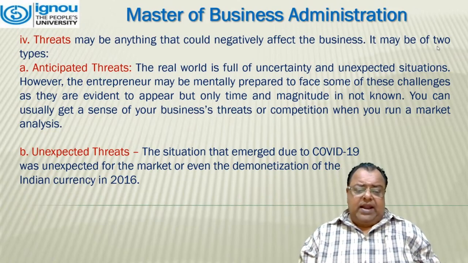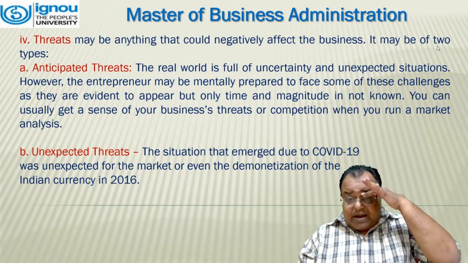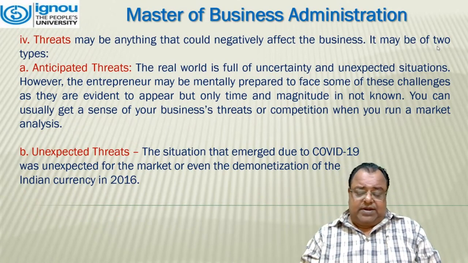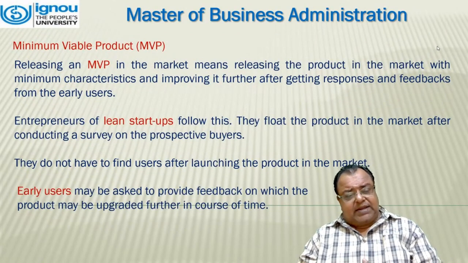And on the other hand, unexpected threats: the situation that emerged due to COVID-19 was unexpected for the market, or even the demonetization of the Indian currency in 2016. Minimum viable product, that is MVP.